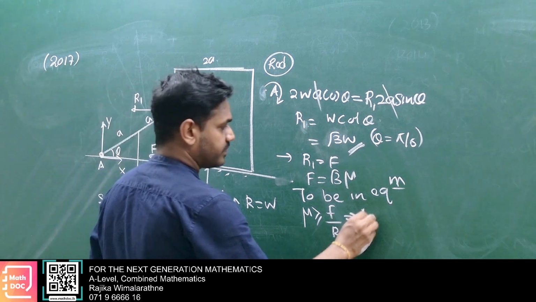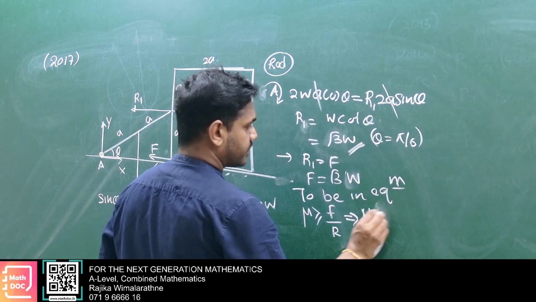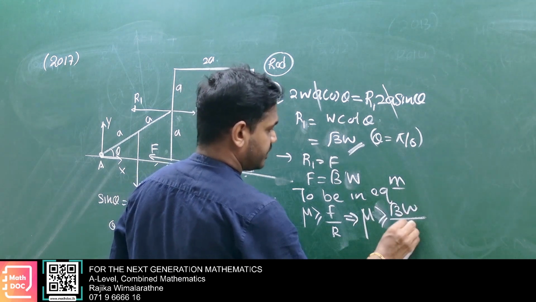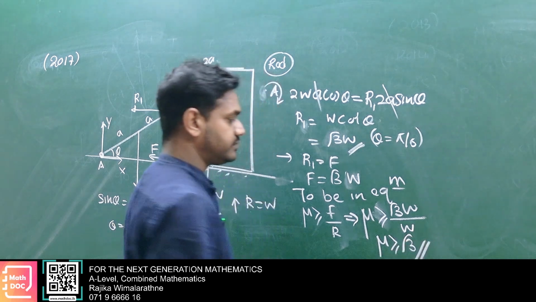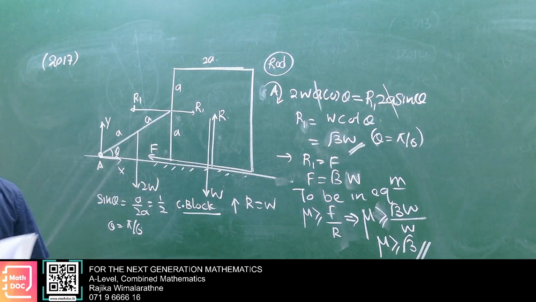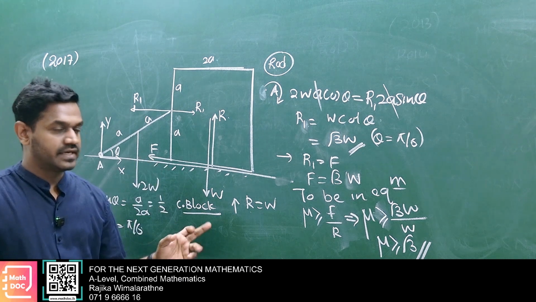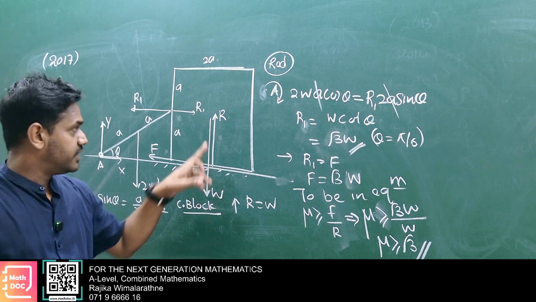Then mu greater than or equal to root 3 W divided by R, which means W. Mu greater than or equal to root 3. Simple question. First you have to mark forces. Then the equilibrium condition, mu greater than or equal to F divided by R. Then friction appears here. Then you find R and F.